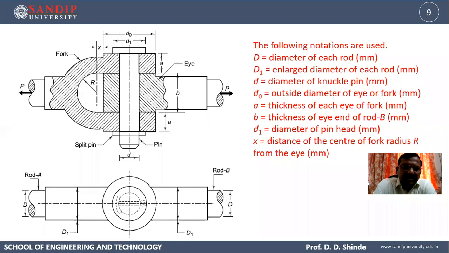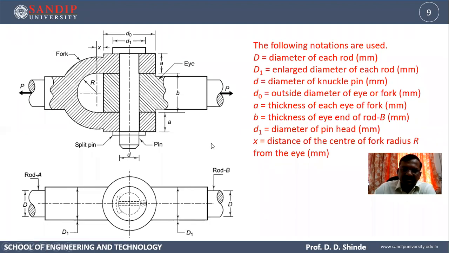The formula which we are using is stress equal to load upon area, and stress will be either tensile, shear, or compressive or crushing, depending on the force and the component which we are focusing on. And area is the cross sectional area which is resisting that particular force. So we need to see which cross sectional area that particular parameter comes in, and then we design it. So this is the brief for designing.